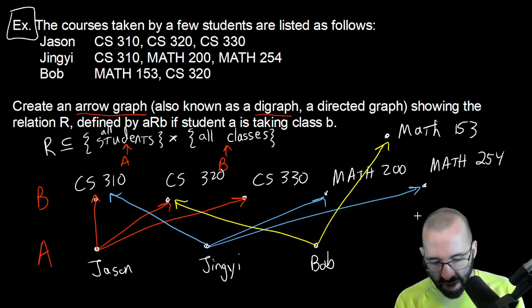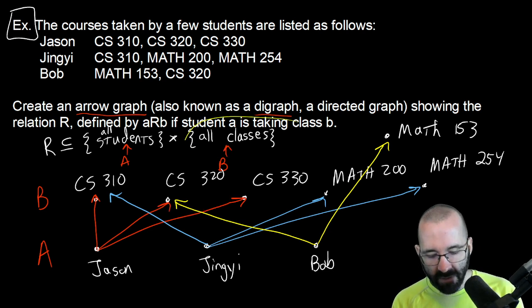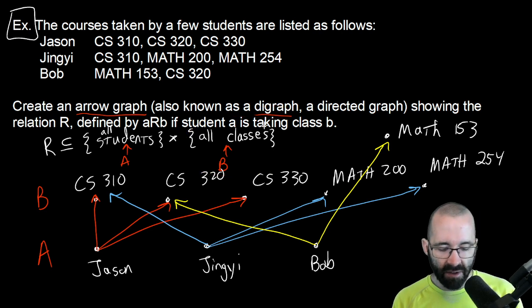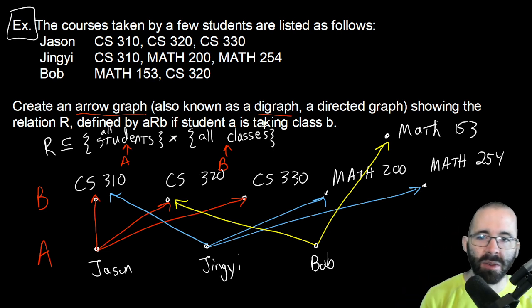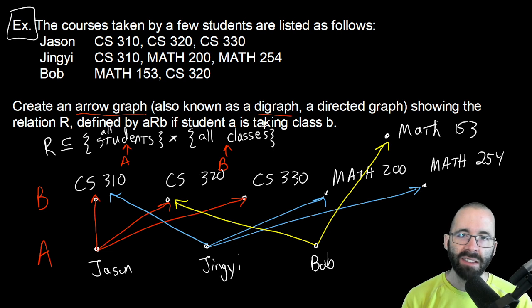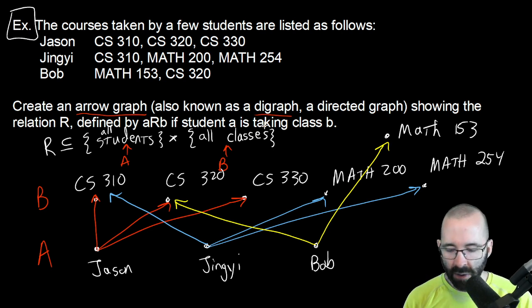Well, I guess it's surjective if we define B to be this set. If B is a set of all classes at the college, then I guess it would not be surjective. Anyway, it depends on what we define our domain and codomain, but that's the idea for relations.